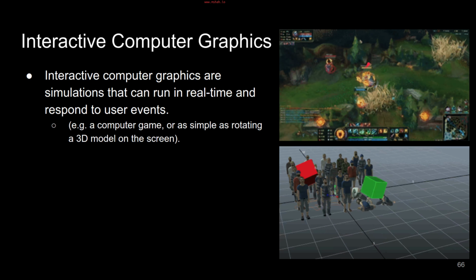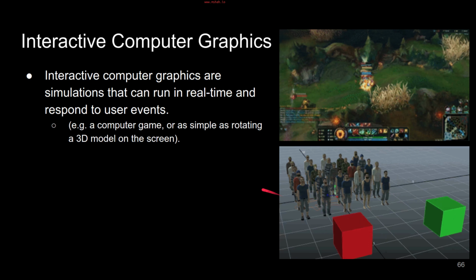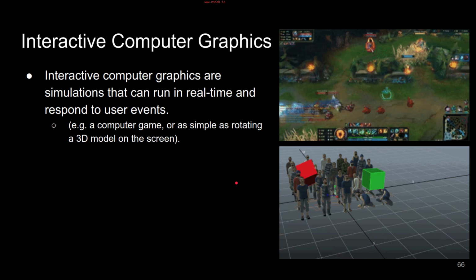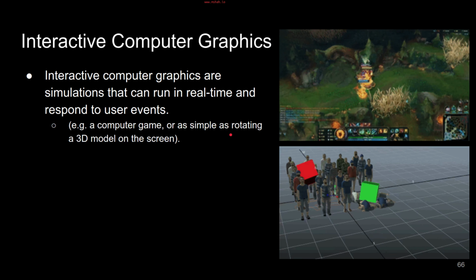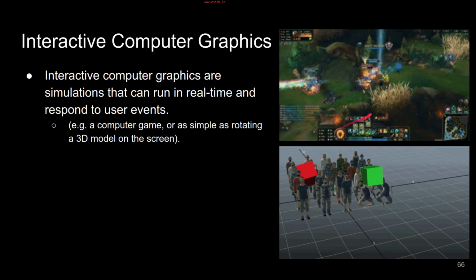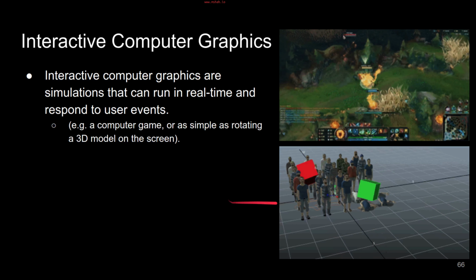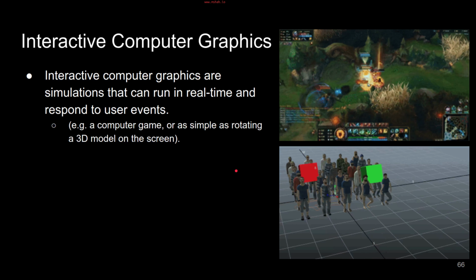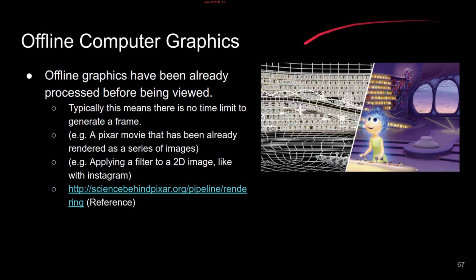And here's interactive computer graphics. Again, games, things that move around, and so on. It could be as simple as just rotating a 3D model on the screen, or more complex like a game. It could be a physics simulation or whatever. And then offline computer graphics is, again, where the image being generated takes a long time, several minutes or hours, to generate one really high quality image.